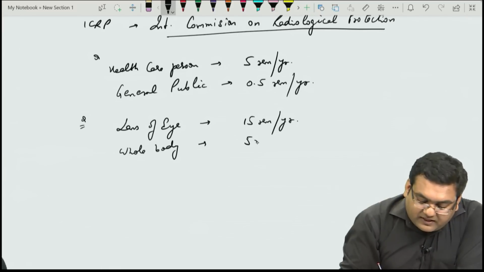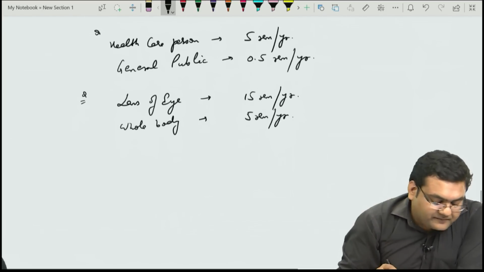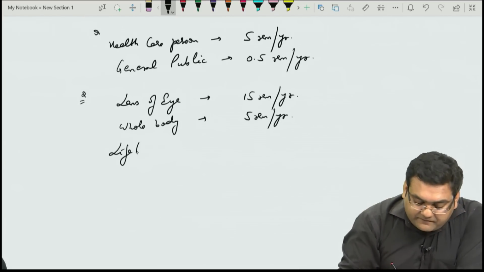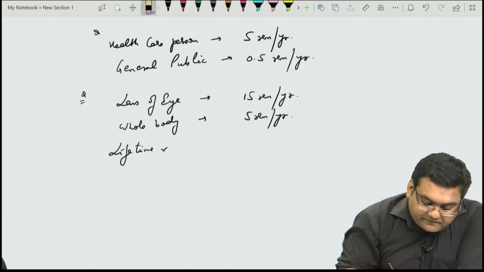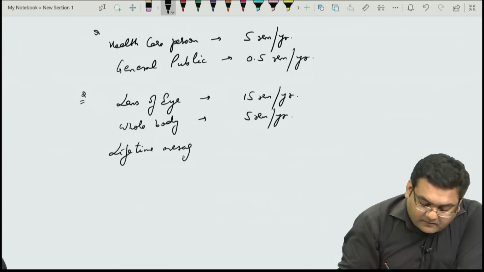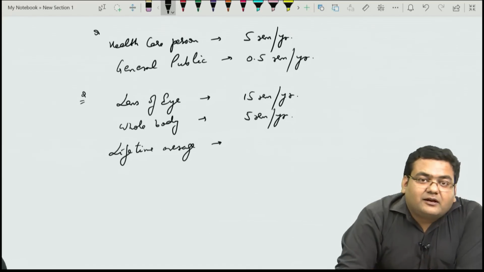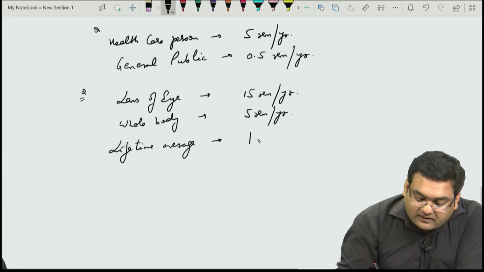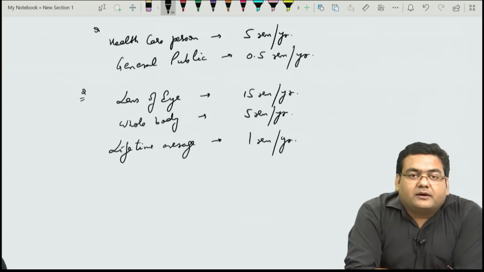Whole body 5 rem per year, and for lifetime average, the dose is 1 rem per year.